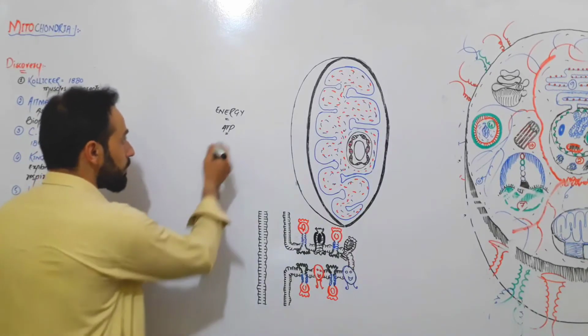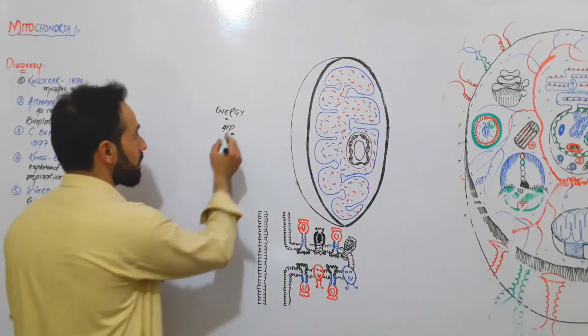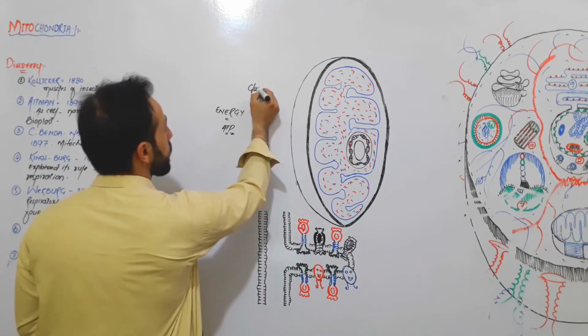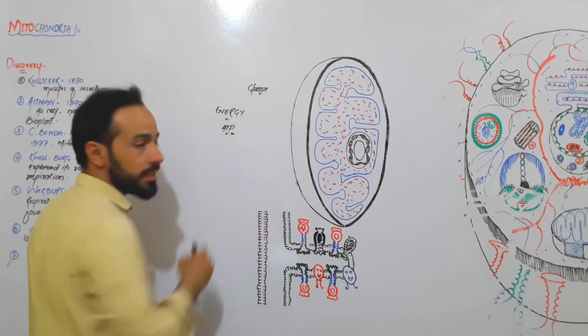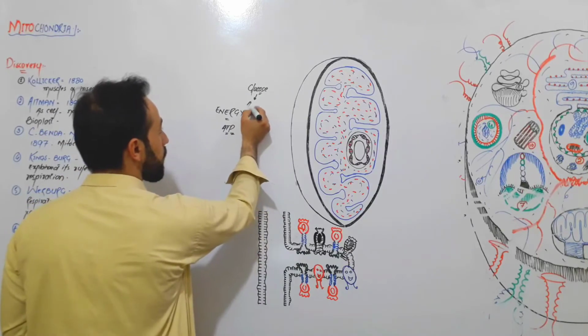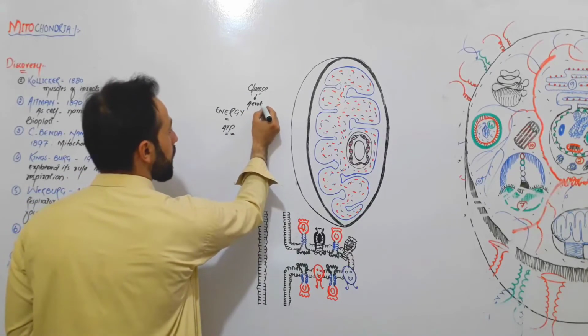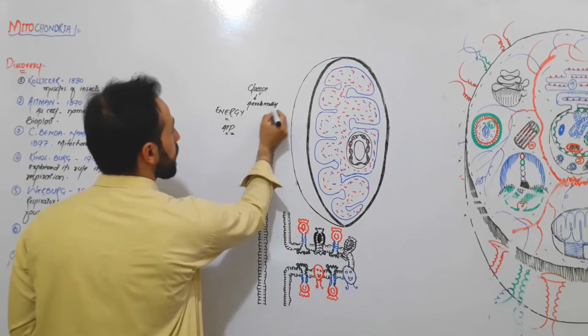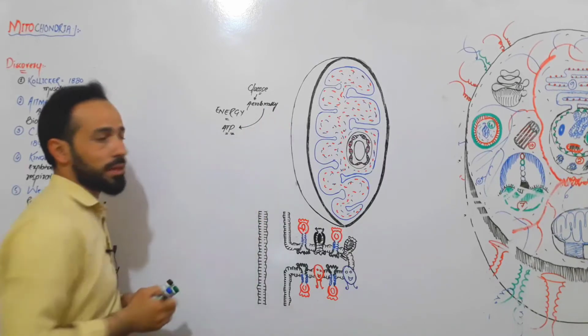And from what do we get these molecules? We get these molecules from glucose, from what we eat, right? And this glucose is broken down aerobically in order to take this molecule from it, right?